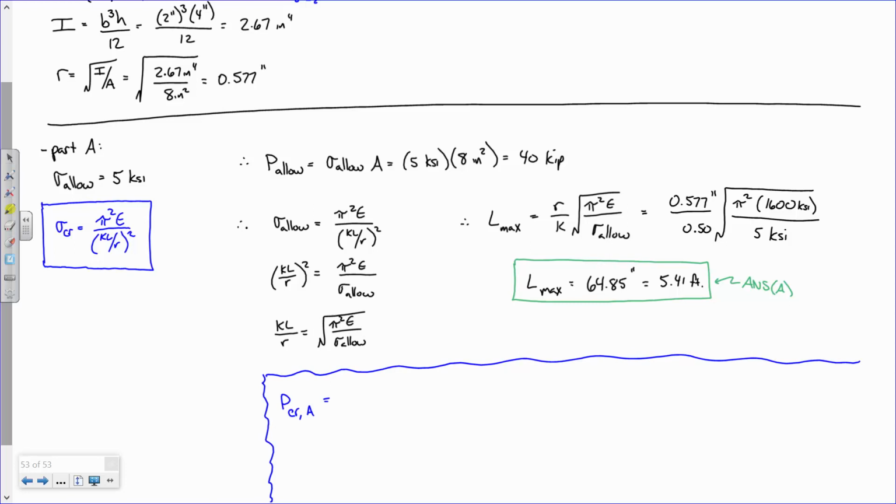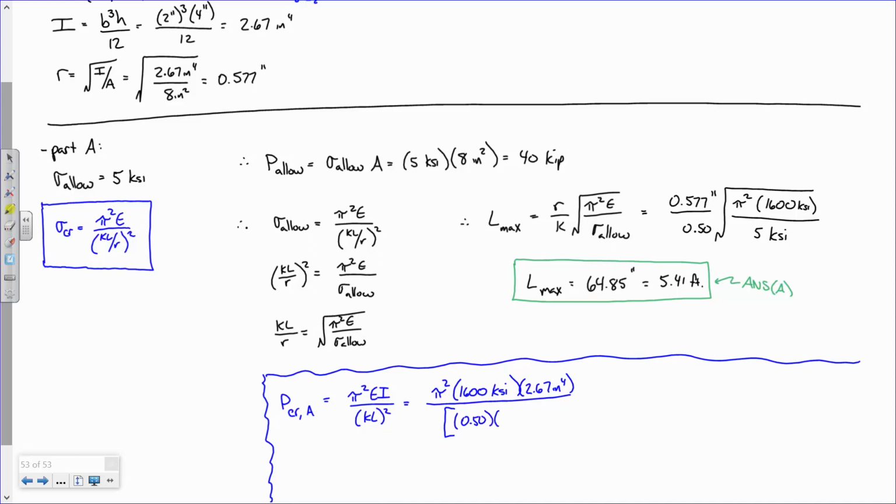Let's compute P critical for part A. So pi squared EI divided by KL squared, using this L. That's why I labeled it P critical for A. On the top we have pi squared, 1600 KSI, our I value, what is that, 2.67? And then on the bottom, we've got brackets here because we've got 0.5.